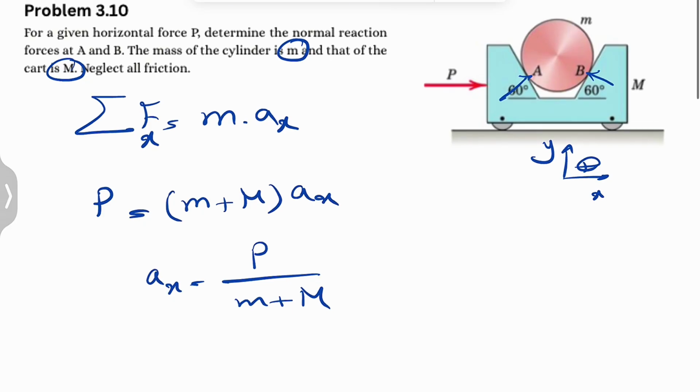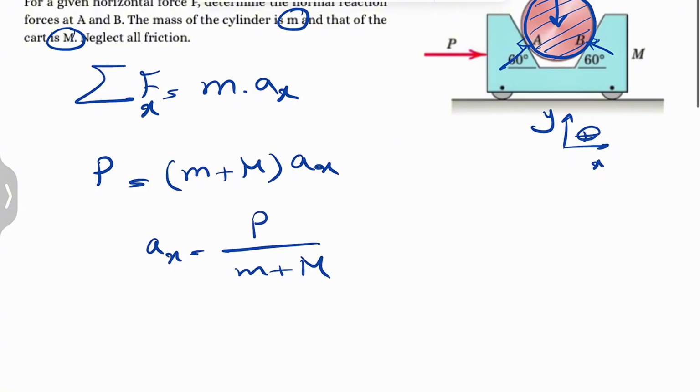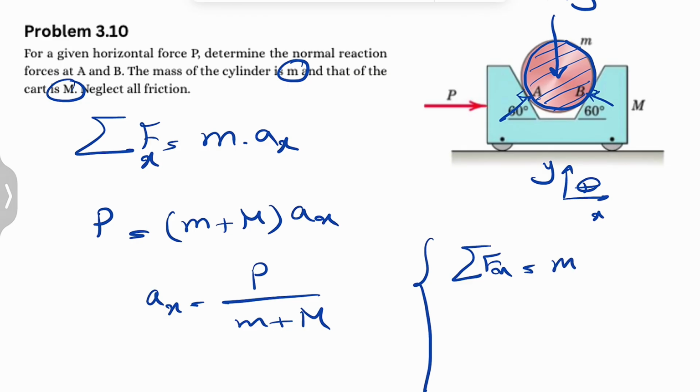So we're going to draw the free body diagram only for the cylinder, which has a mass of m. We're going to have the weight, which is mass times acceleration of gravity. We have those two normal forces, which are perpendicular to the tangent at points A and B. We're going to have the sum of all forces in x, and because it's only for the cylinder, the mass is now the mass of the cylinder times ax, and ax is the same.